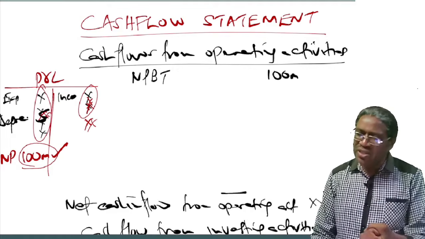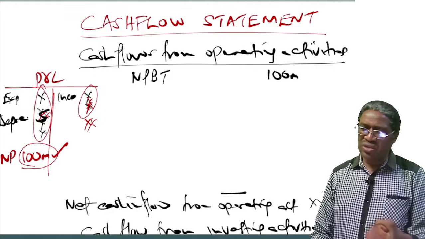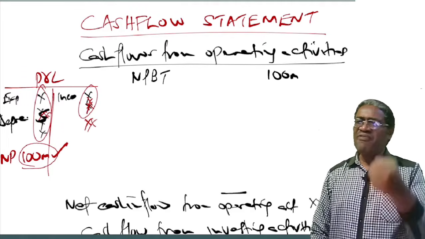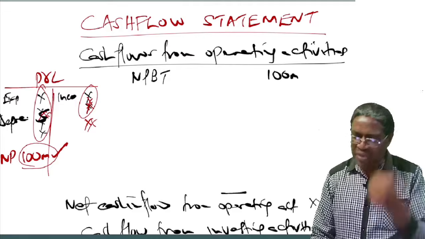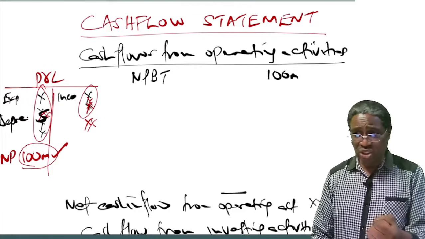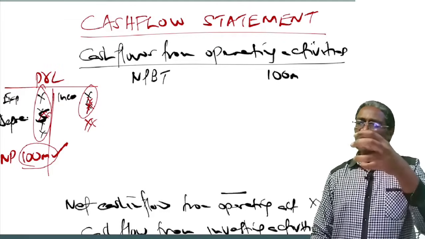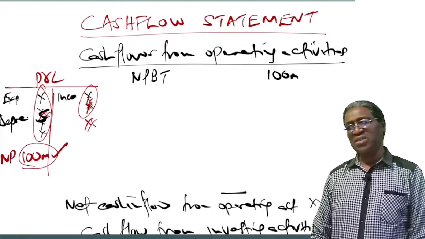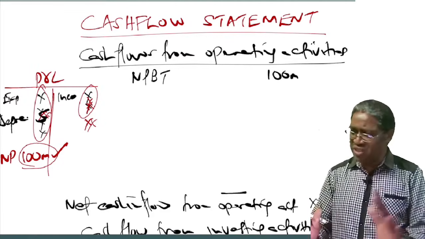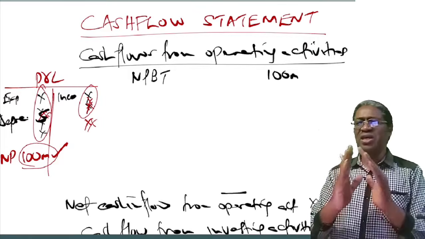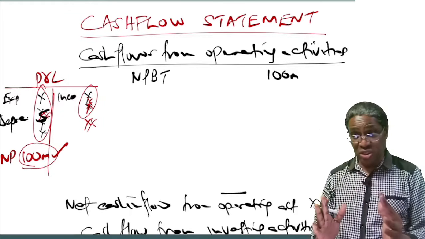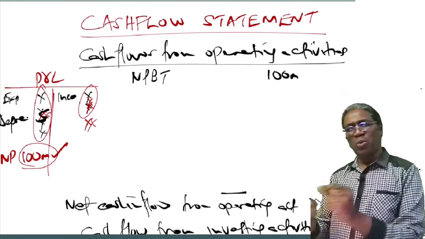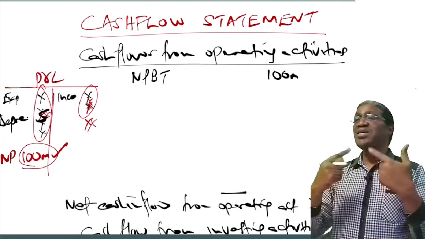But don't forget, we are trying to ask ourselves, what would have been the true profit if everything in the P&L account was by cash, so that we get what we are calling the net cash inflow from operating activities. I have said, if everything in the P&L account was by cash, then the true net cash inflow from operating activity would have been 100 million.